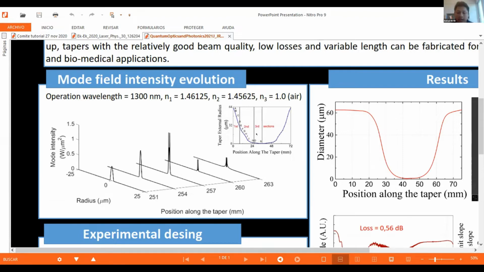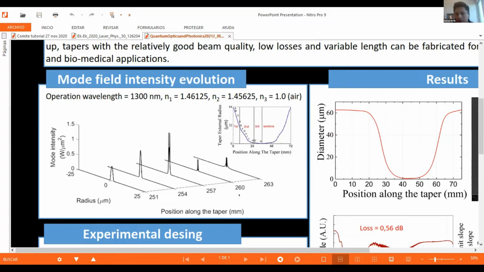And in the last section, we use exact modes. This is because we use really thin diameters. So this is the shape, and this is the mode intensity evolution of the fiber.